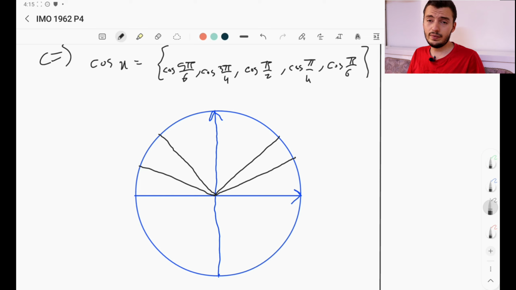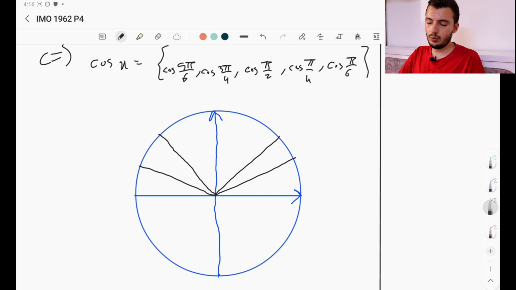But of course, if you know cosine x is equal to cosine of theta, then x is equal to theta or x is equal to negative theta, right? Because if you remember, cosine of negative x is equal to cosine of x. Cosine is an even function.